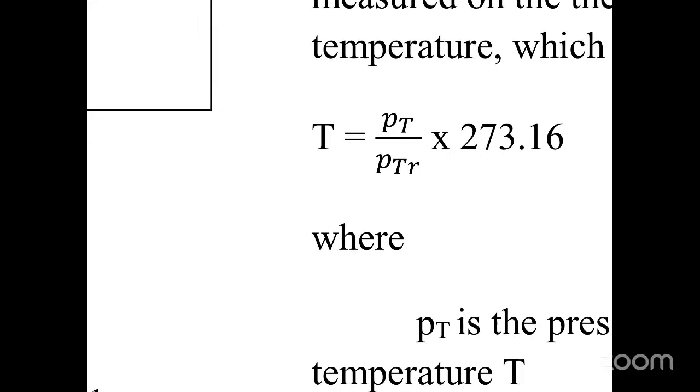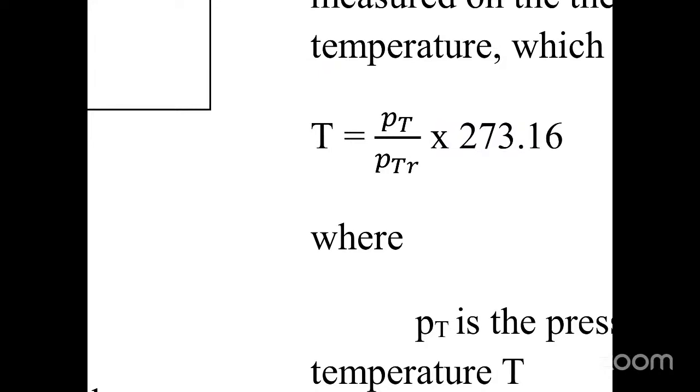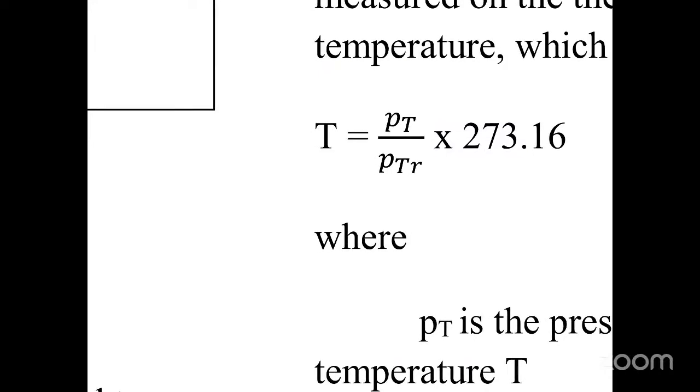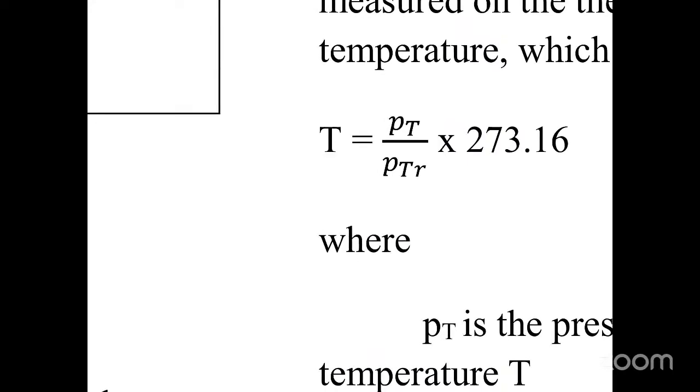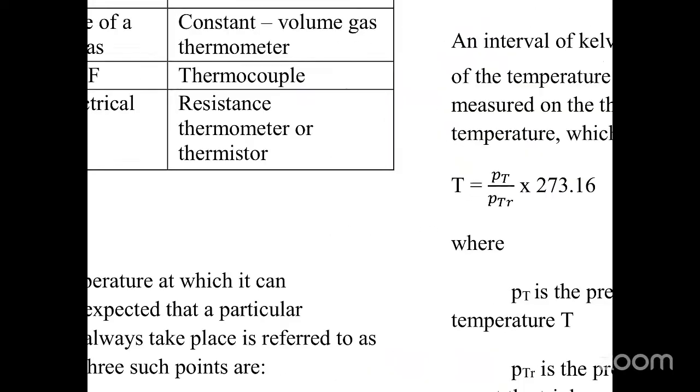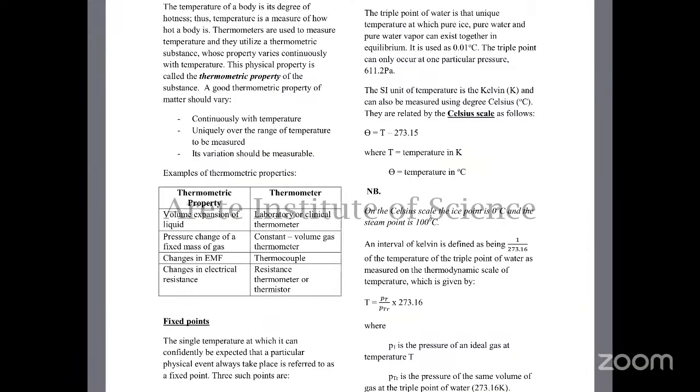What's triple point again? The point where we have solid, liquid, and vapor, the temperature at which those three exist at a particular pressure. What is the pressure? 611. Very good.